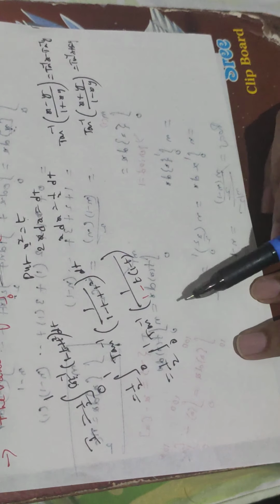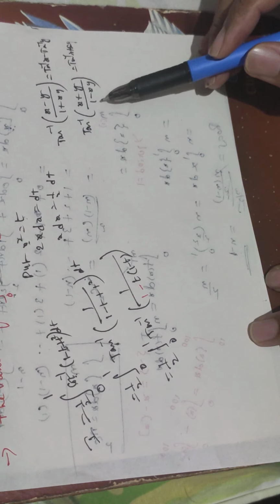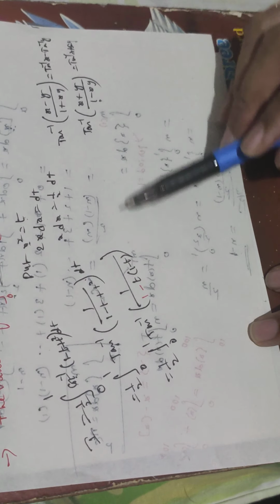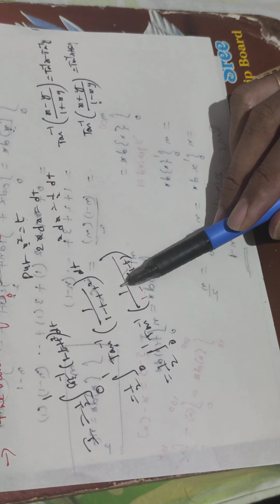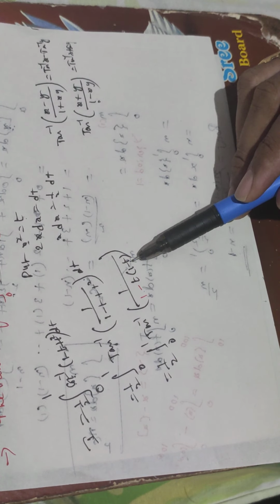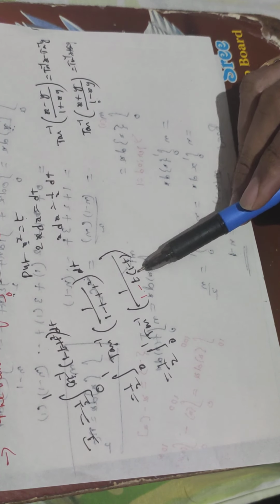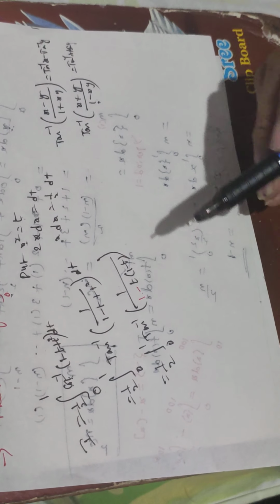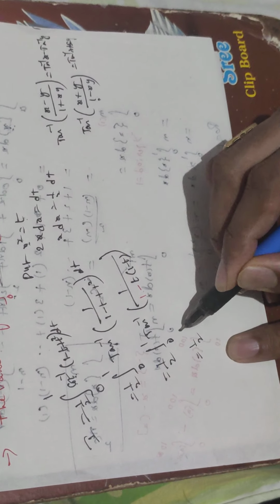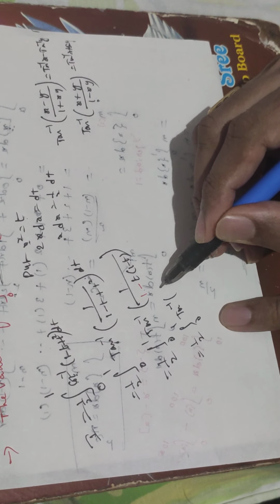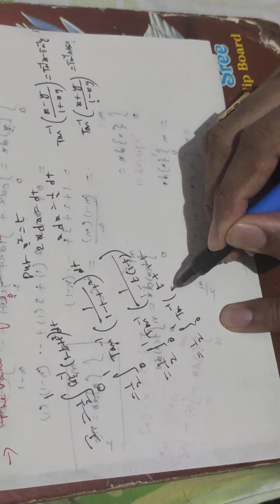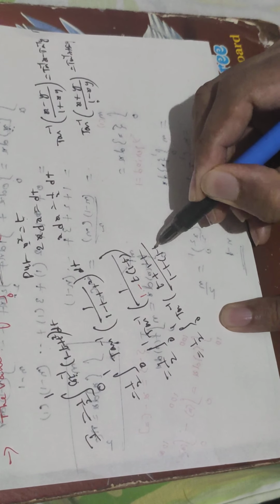So by observation this form is possible: 1 minus xy is there. So immediately what is required in the numerator? x plus y. Actually, what is t plus 1 minus t? That will be 1. So replace directly: 1 by 2 integral 0 to 1 tan inverse of (t plus 1 minus t) by (1 minus t into 1 minus t).